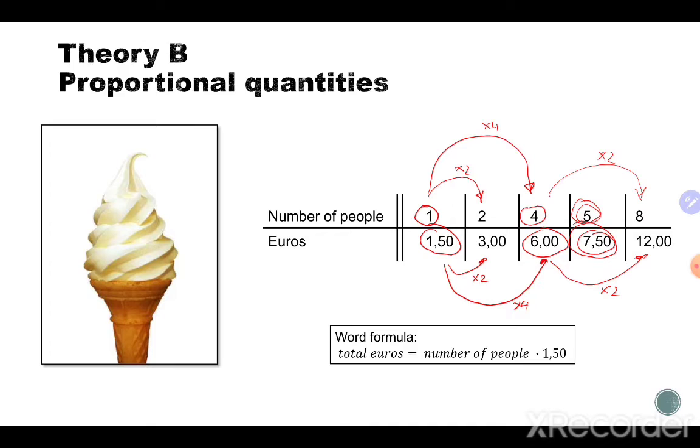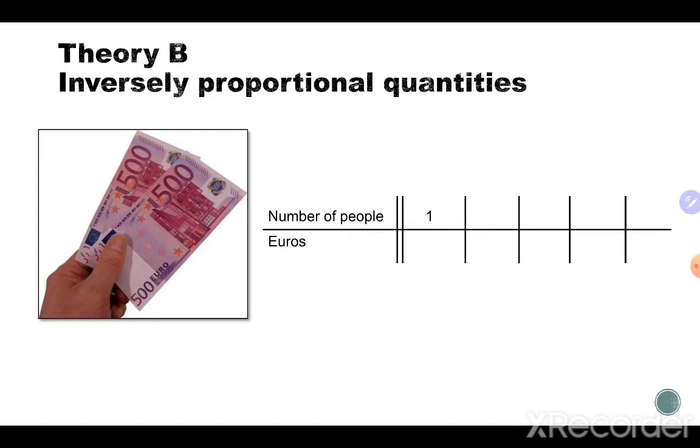In the next example we do the opposite: the inversely proportional quantities. Let me think about €1,000. I have €1,000 in my hand, and I'm going to share those €1,000 among a few people.